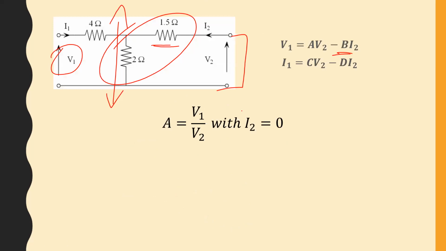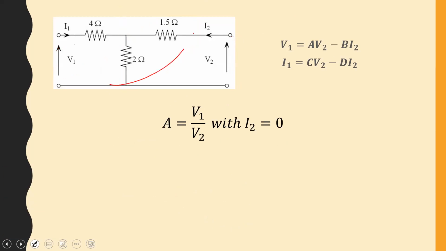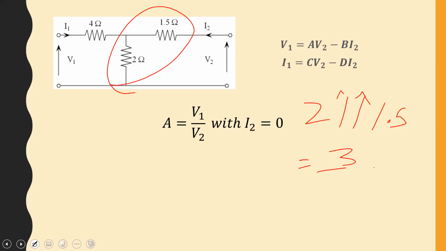We're trying to find a single resistance for these two. So it is 2 in parallel with 1.5, and that gives me 3 over 3.5.